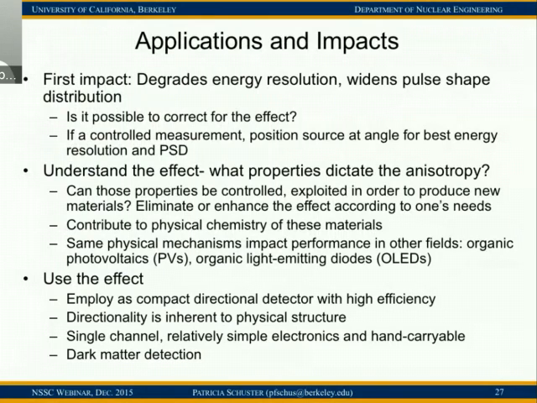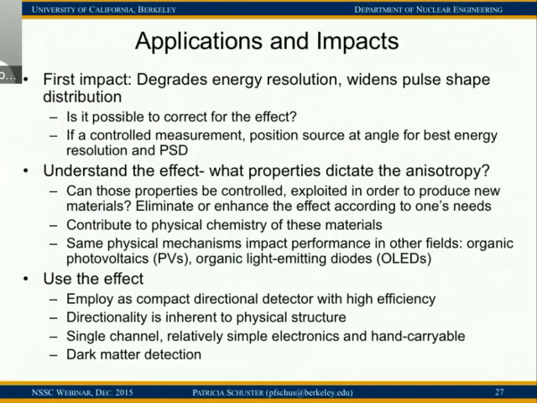Or you have a shield in front of your system with little holes in it, like a coded aperture, and so you're blocking half of your signal. But these materials have the directionality inherent to the physical structure, and so you wouldn't have to block any of your signal. And so that makes it higher efficiency. Also, it would be a single channel with relatively easy electronics, and it would be hand carryable, which is really nice for first responders or someone walking around with the system.